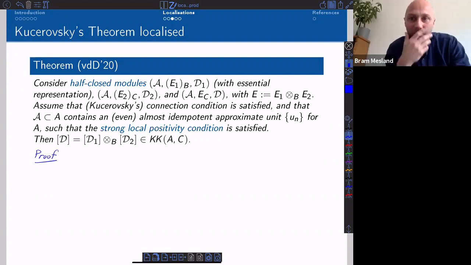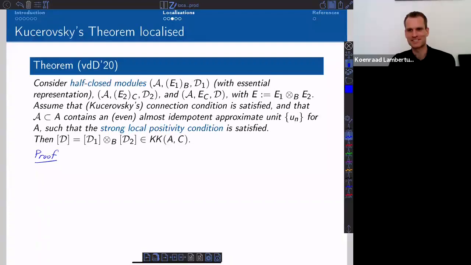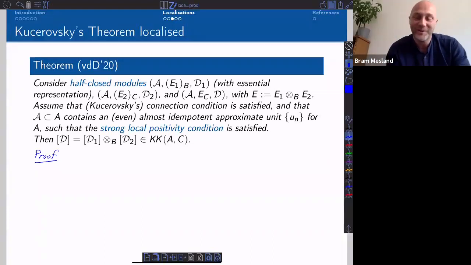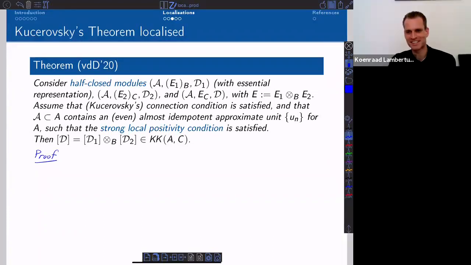So in that sense my assumptions are weaker. If you look at it very precisely at the details, neither one is contained in the other. There is a lot of overlap between the two, but it's not strictly a generalization, I think.